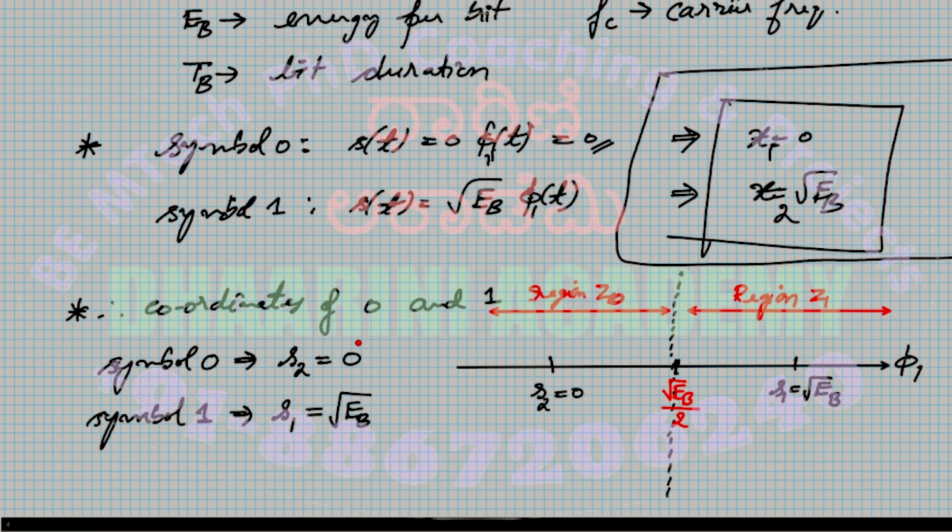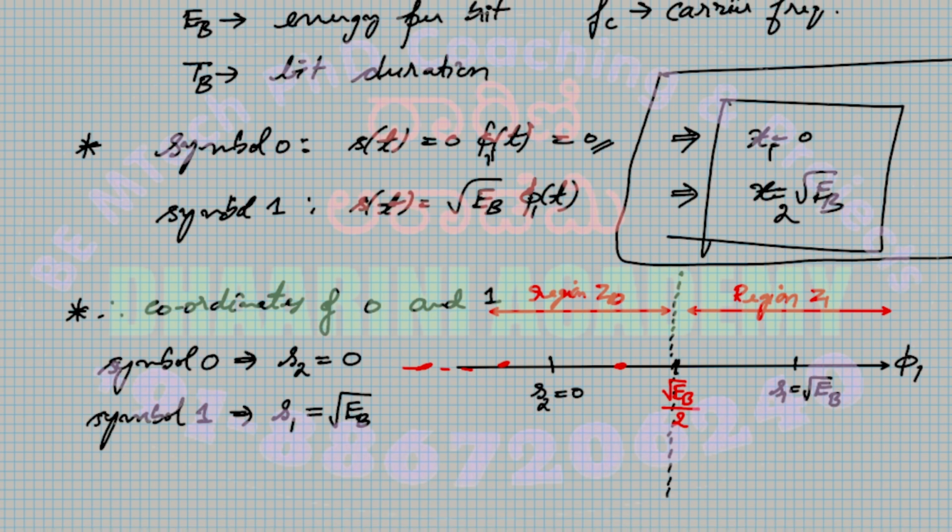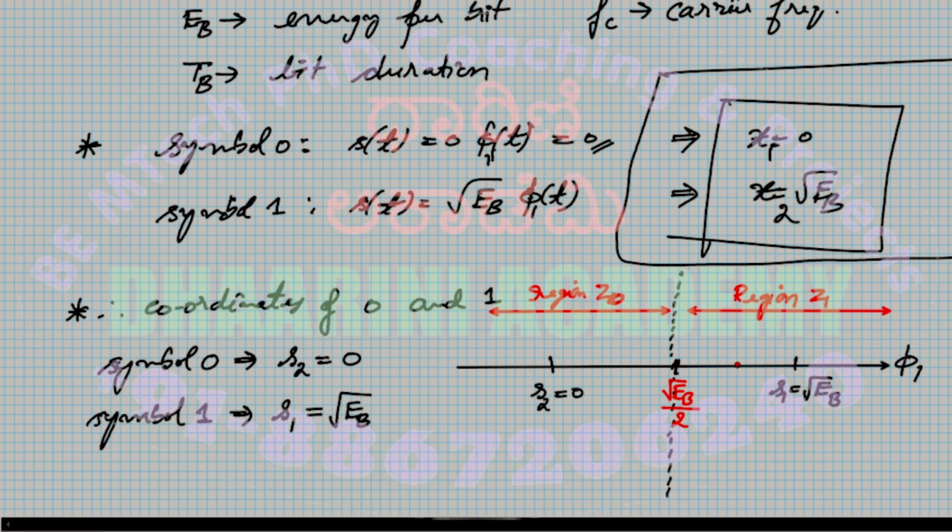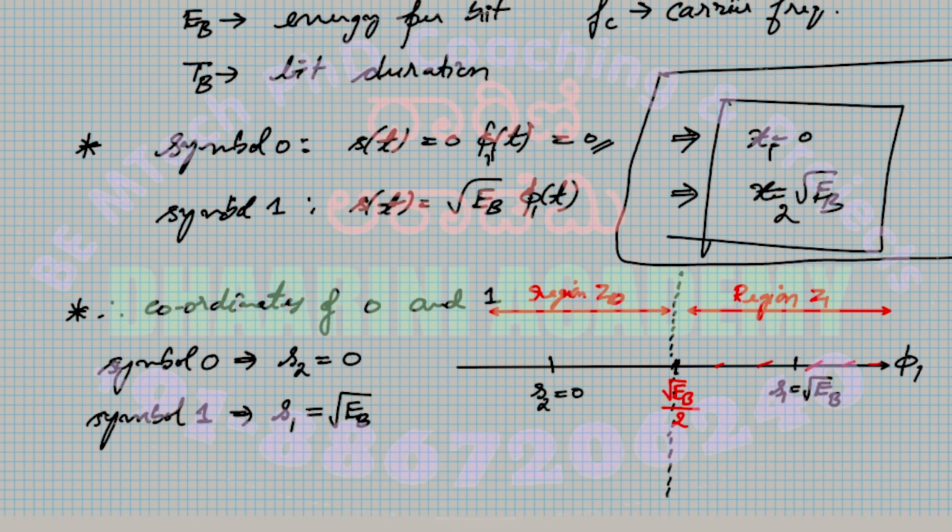Now, the decision boundary is root EB by 2. Whenever I receive a value on the left side of root EB by 2, the decision is easy: that is symbol 0. Whenever you receive something on the right side of root EB by 2, it falls under region 1. Any point in region 1 will be classified as symbol 1 by the receiver or the demodulator.